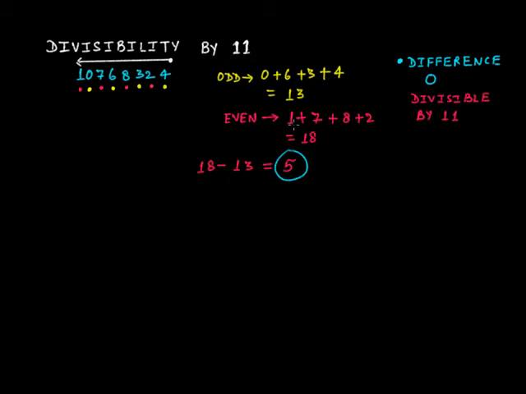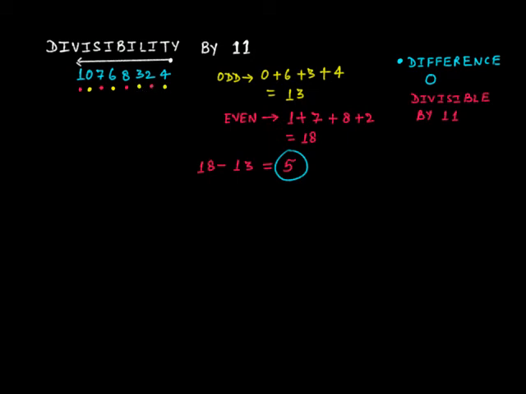We added all the digits present at the even positions and got the sum as 18. Then we subtracted these even and odd sums, and we got a difference. This difference was neither 0 nor divisible by 11. Therefore, this number is not divisible by 11.